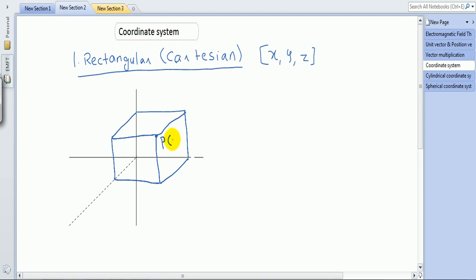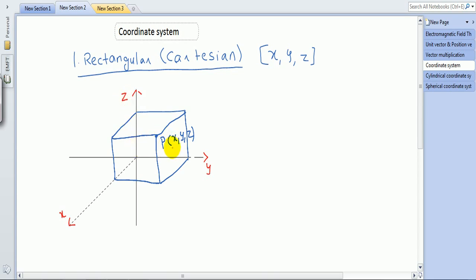So this point having coordinates x comma y comma z. First of all I will mark where is my x and y and z. So this is my x, this is my y and this is my z axis.